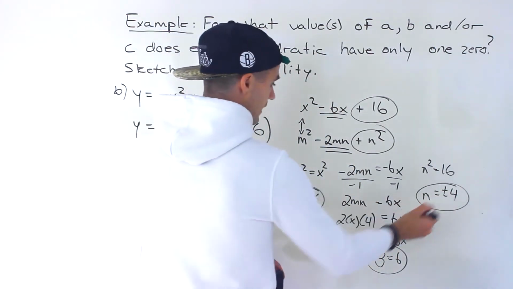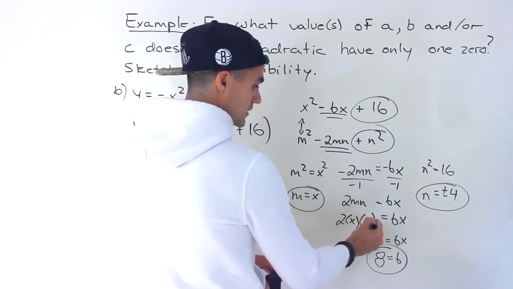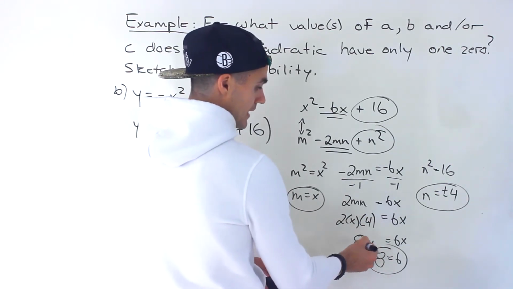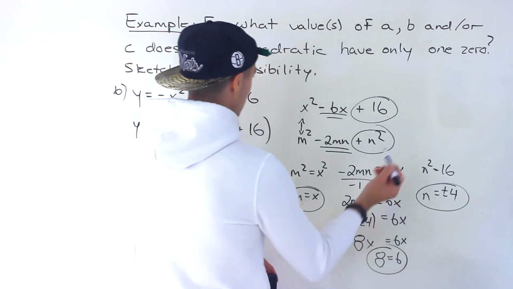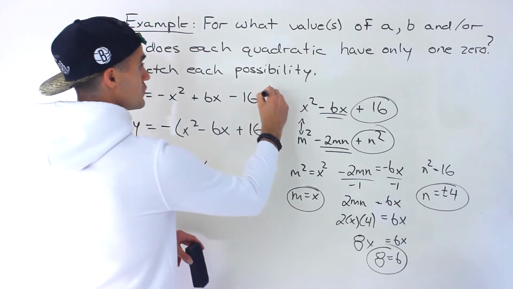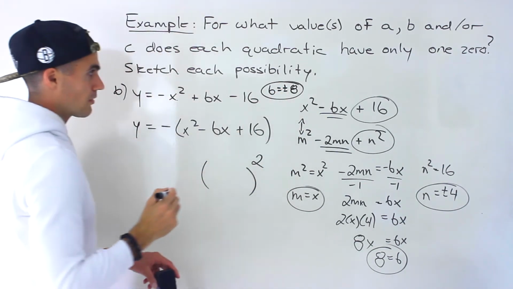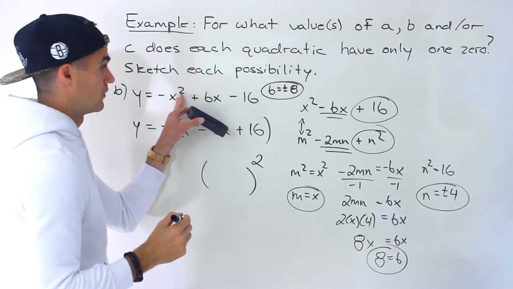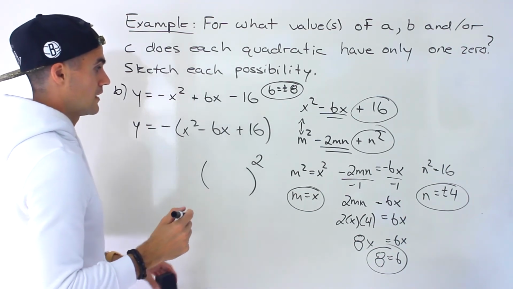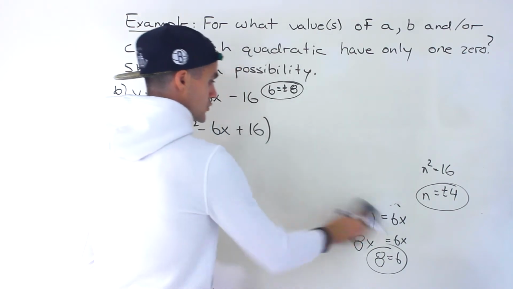And then if we plugged in negative 4 for n, the other possibility, we'd end up with negative 8x equaling bx, meaning that this can also be negative 8. So those would be the two values of b for this case in part B. And so how would the two graphs look?